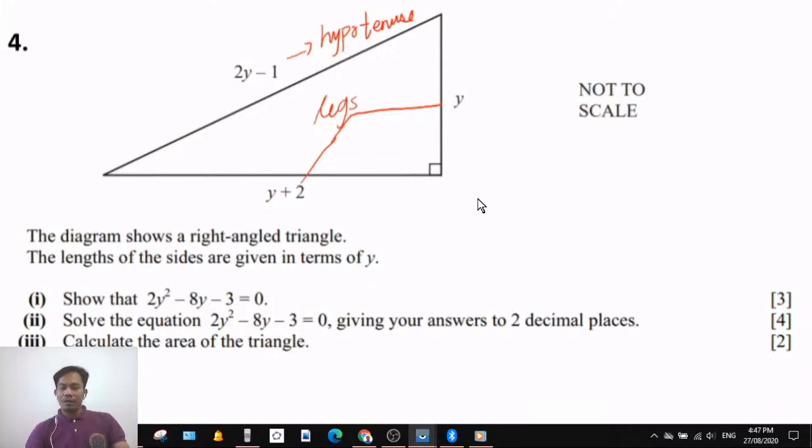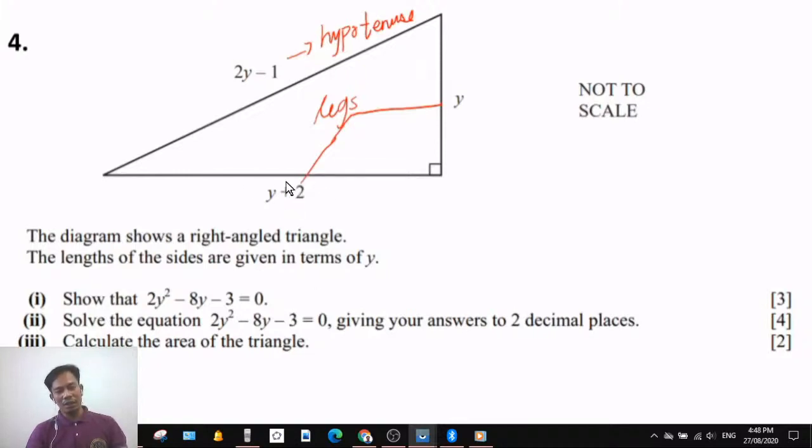So what does it mean by this? This means that I'm going to use Pythagoras theorem to show that 2y squared minus 8y minus 3 is equal to 0. Okay? Why?